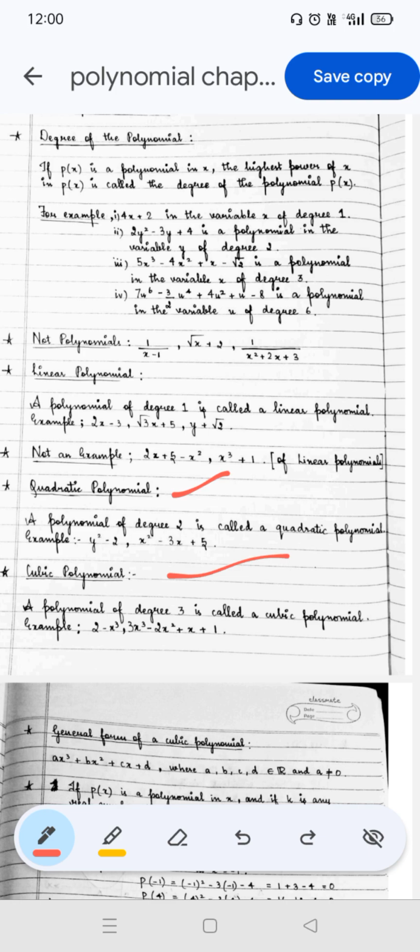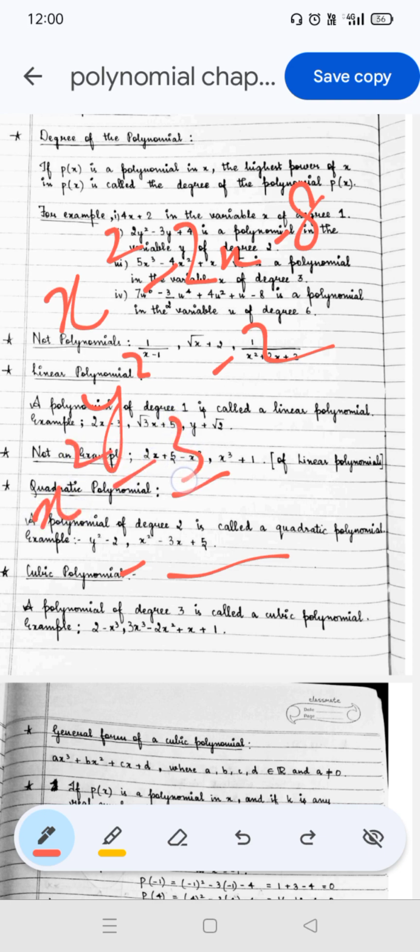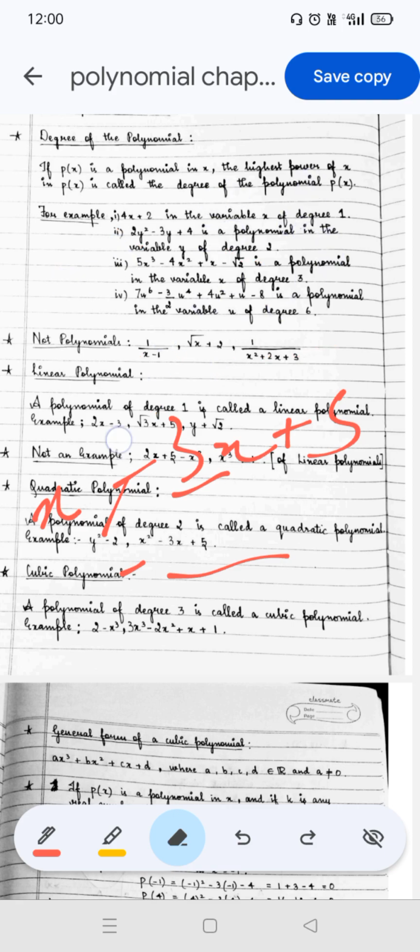For example, we can write x square minus 2x minus 8, or y square minus 2 as given over here, or x square minus 3x plus 5. So hence all these have 2 as the greatest degree. So hence it is a quadratic polynomial.